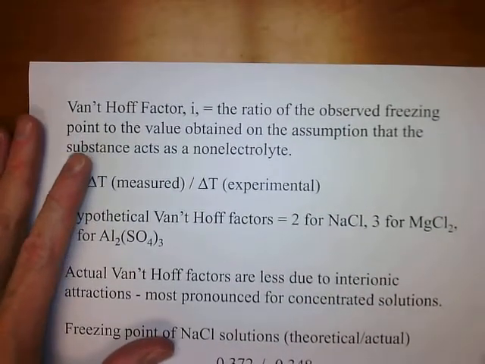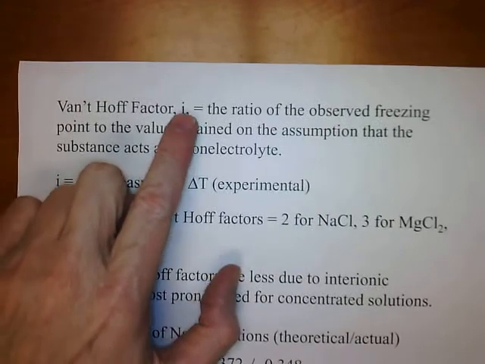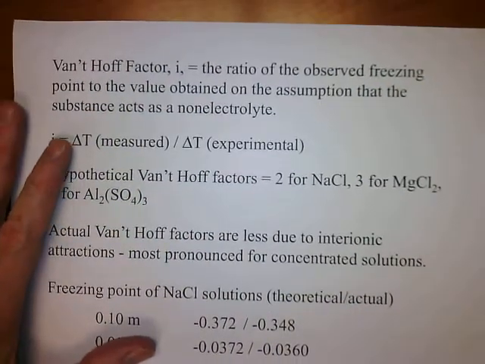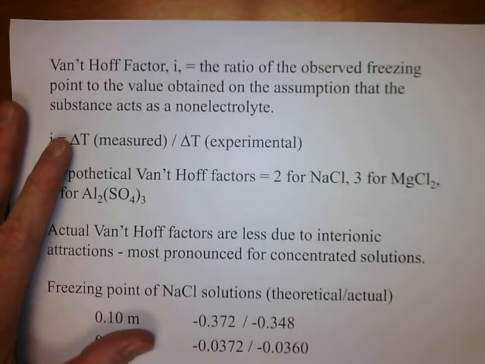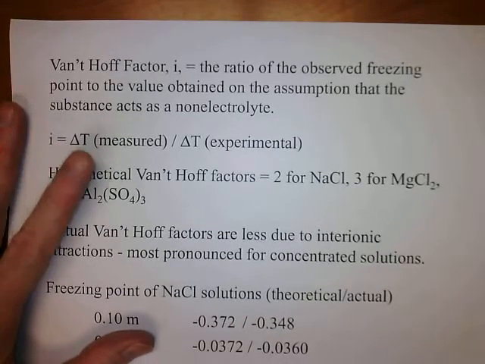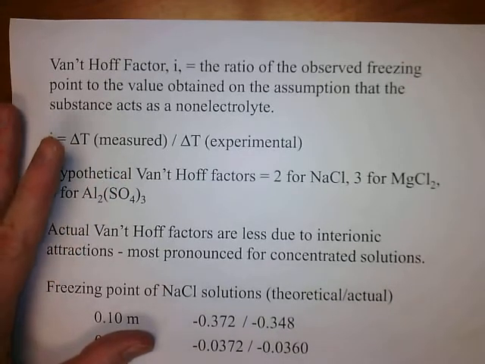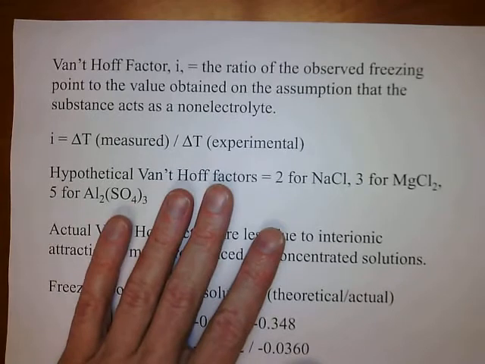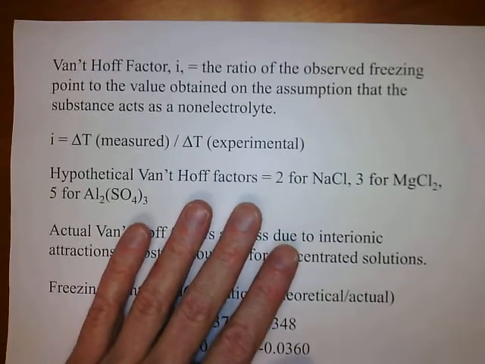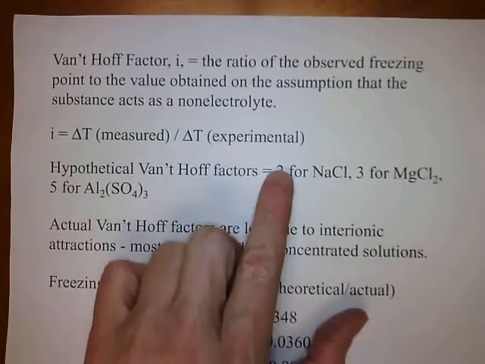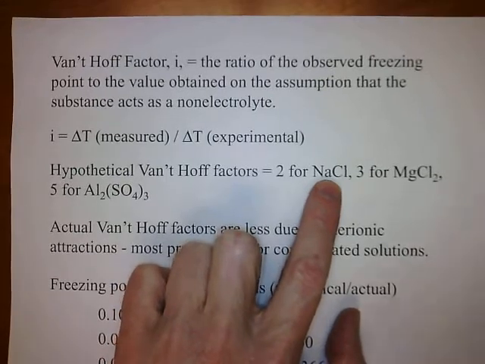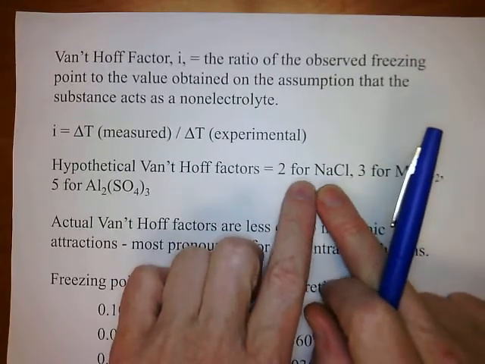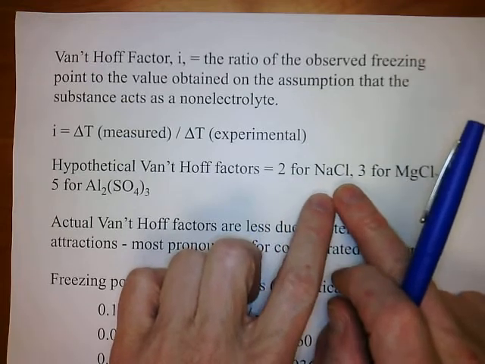So, the Van't Hoff factor, which is i, lowercase i, that's the ratio of the observed freezing point depression to the value that you obtain on the assumption that it acts as a non-electrolyte. So in other words, what are some hypothetical Van't Hoff factors? 2 for sodium chloride, right? Your salt dissociates into separated sodium plus ions and Cl minus ions.